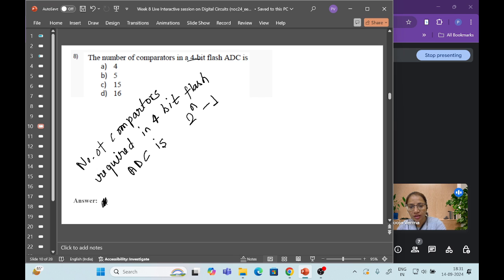So here it is given 4 bit. So 2 to the power 4 minus 1, that is 16 minus 1, that is 15. So 15 comparators are required for a 4-bit flash ADC. That is, the correct option is C. C is the correct option, that is 15. Okay.